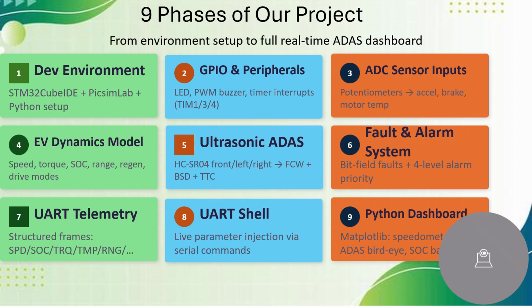So these are completed in our 8th phase, and at the last we integrate all the things we completed from phase number 1 to phase number 8, and set up the Python dashboard with matplotlib, and at the last we get the simulation of speedometer, ADAS, bird's eye view, SOC bar and everything.